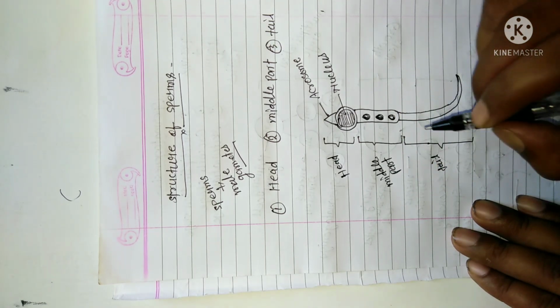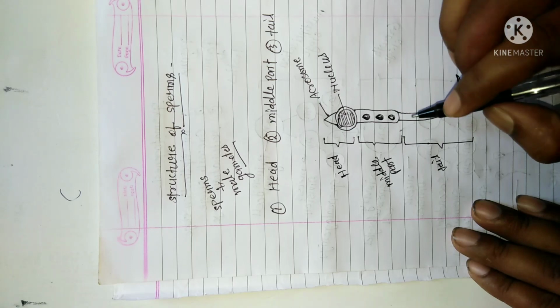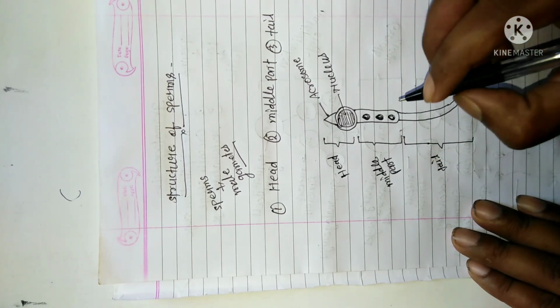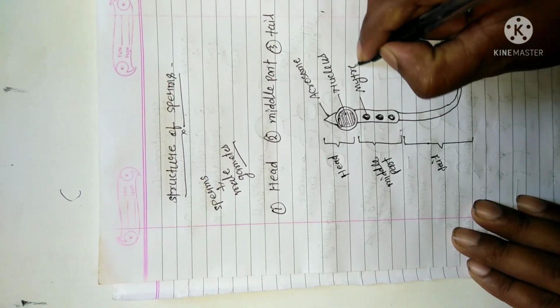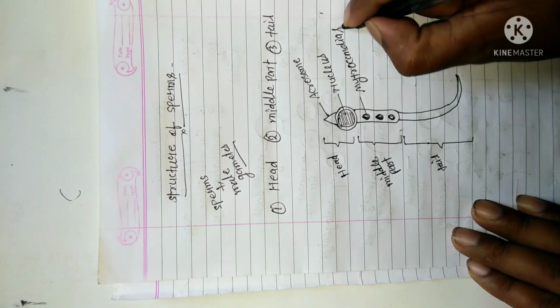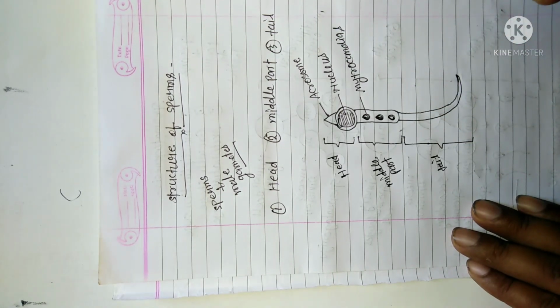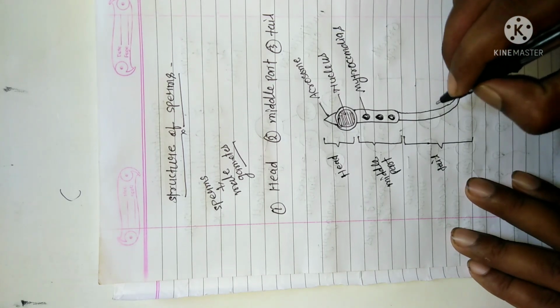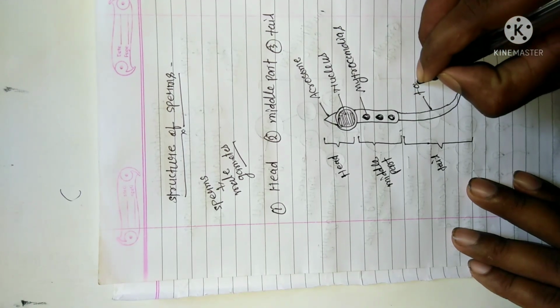Mid part between the head and tail is called middle part of the sperms. Mitochondria found in the middle part of the sperms provide energy to move sperms. Tail, as we told, is the longest part of the sperms.